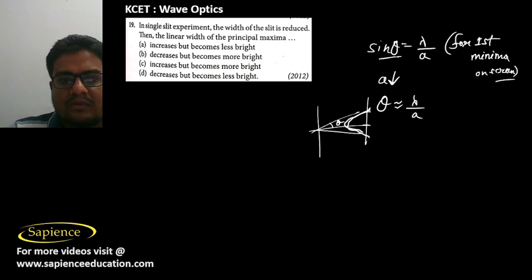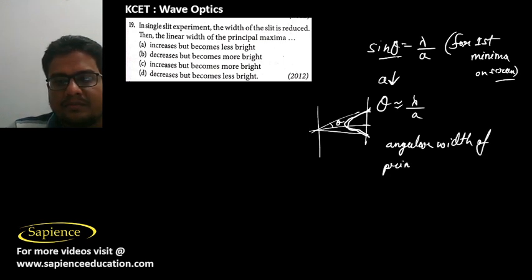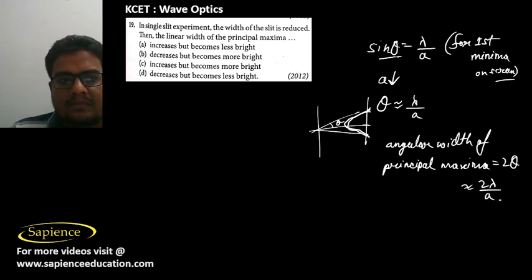So the angular width of the principal maxima is equal to 2 theta, which is approximately 2 lambda by a. And the linear width will be equal to D into theta.